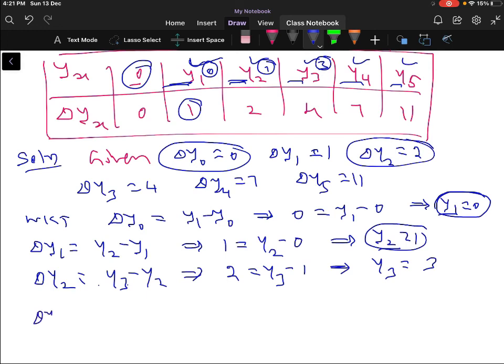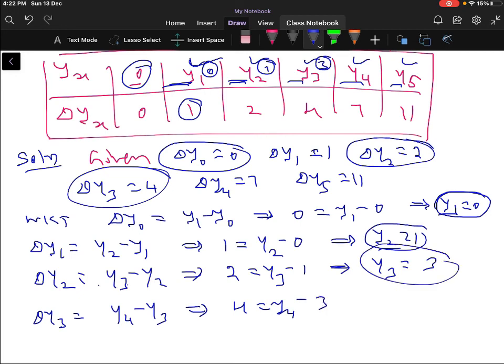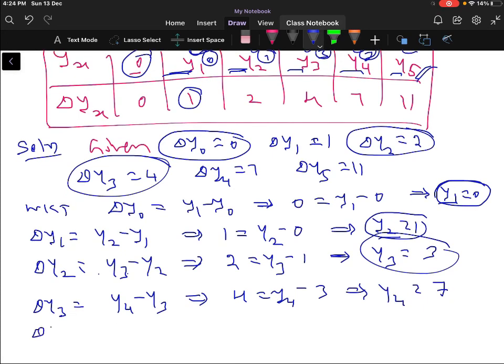Now to find y4, use delta y3, where delta y3 is equal to y4 minus y3. This implies where delta y3 is 4, 4 is equal to y4 minus y3, where y3 is 3. So this implies y4 is equal to 7. To find y5, use delta y4.